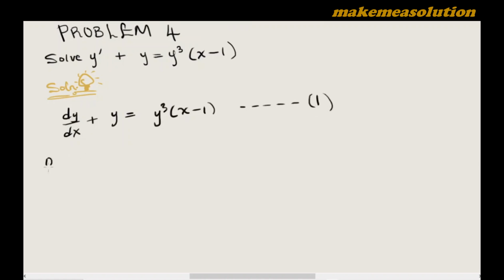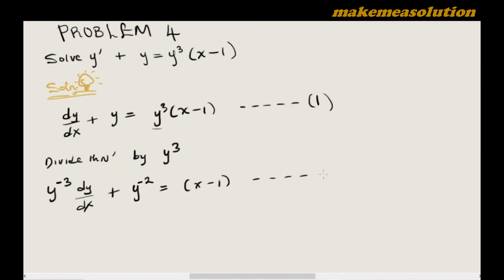Now you're going to divide through by y cubed. So dividing through by y cubed, over here you have y minus 3 dy dx plus y divided by y cubed is actually y to the power of minus 2, and this gives me x minus 1. This is equation 2.